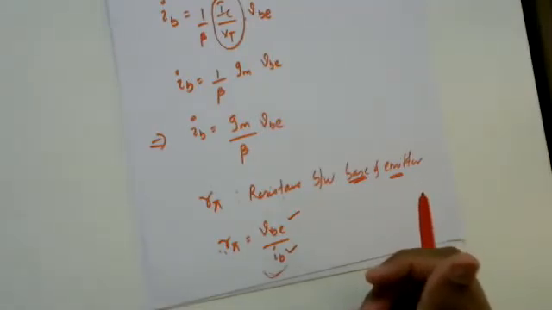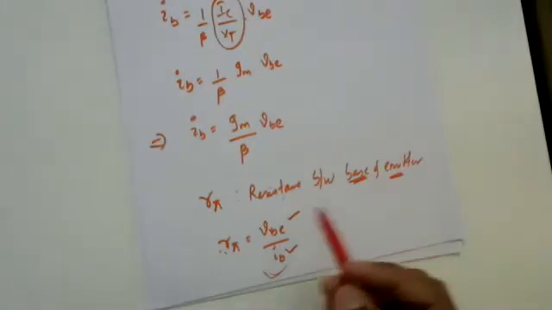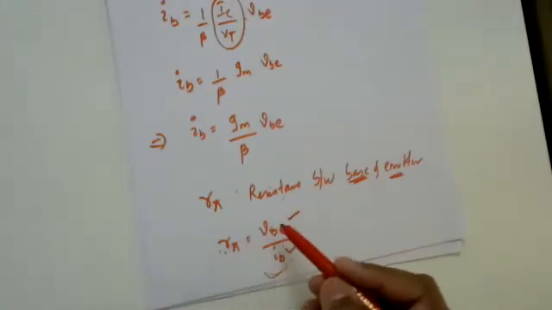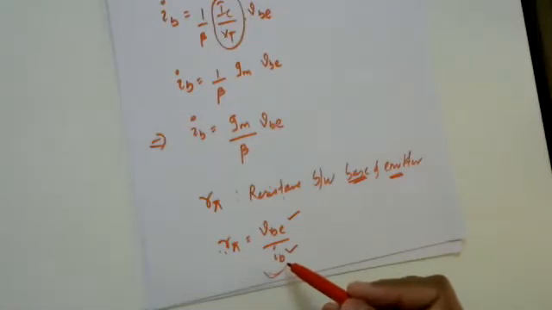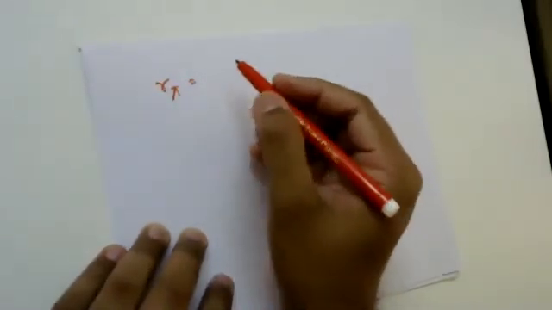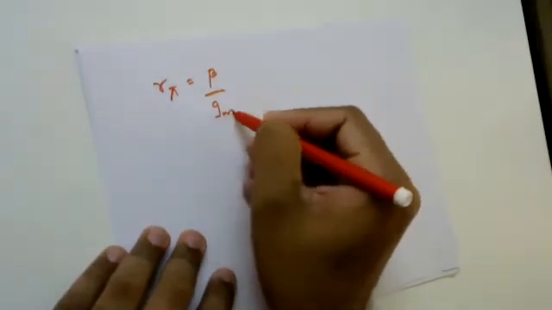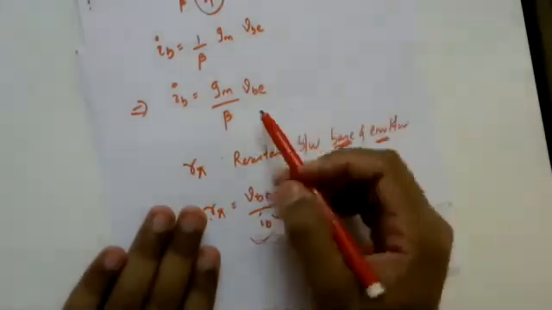So in other words, if I take this equation ahead from where I left it, because I was defining this term r pi, where r pi is equal to VBE by ib, then I can write r pi is equal to beta divided by gm.